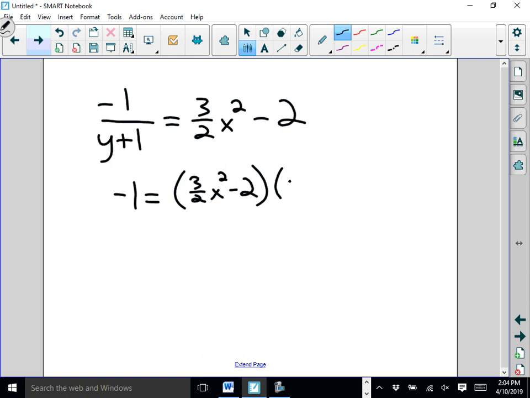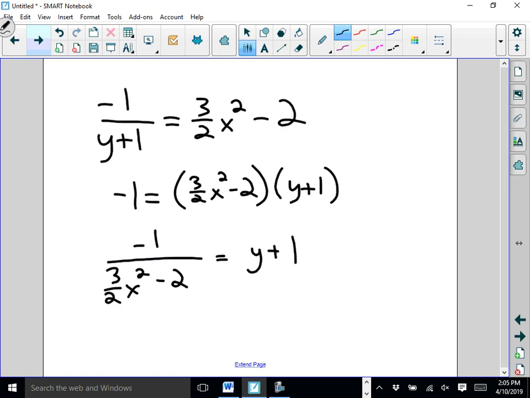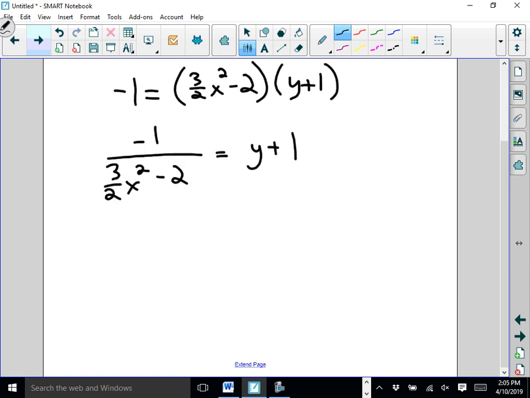I don't want to distribute because I'm just going to have to factor back out. Now I'm going to divide by 3 halves x squared minus 2, and I'll get negative 1 over 3 halves x squared minus 2 equals y plus 1. And then I got to subtract 1. And I get y equals negative 1 over 3 halves x squared minus 2 minus 1.